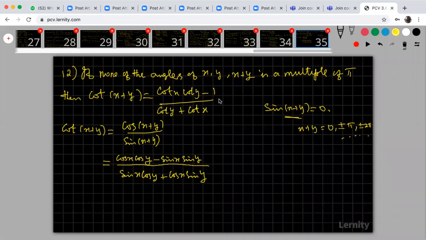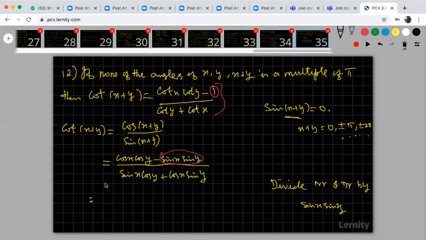This is your right hand side, which we are going to prove. Here, in the numerator, the second term is sin x sin y, and in the numerator the first term gives 1 when divided by it. So divide the numerator and denominator by sin x sin y.